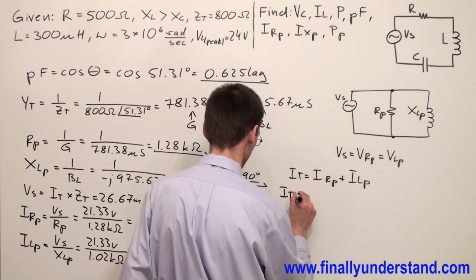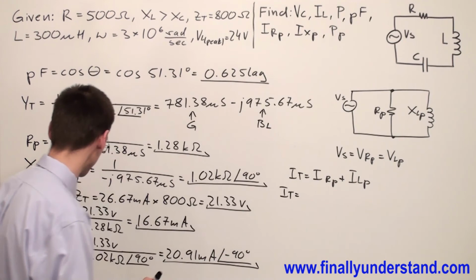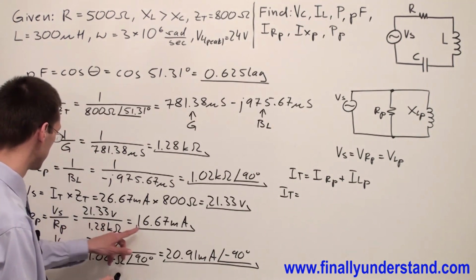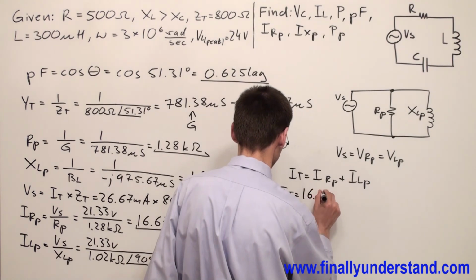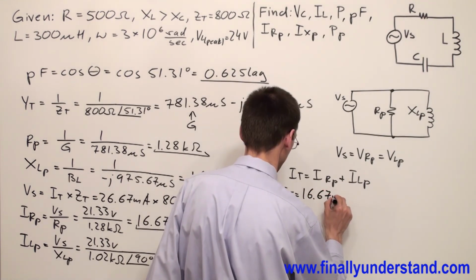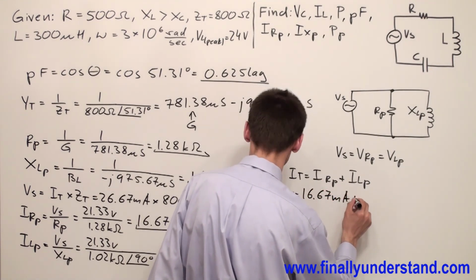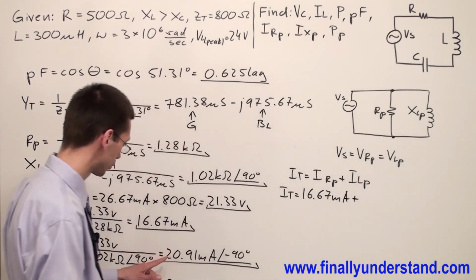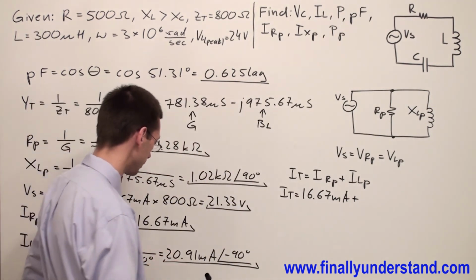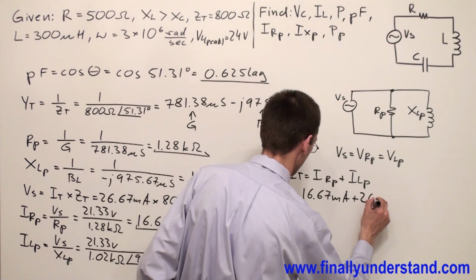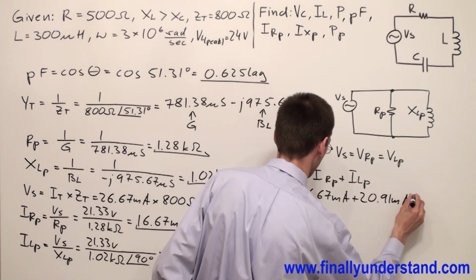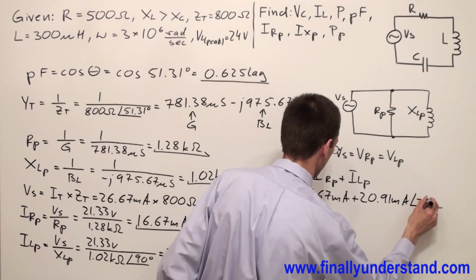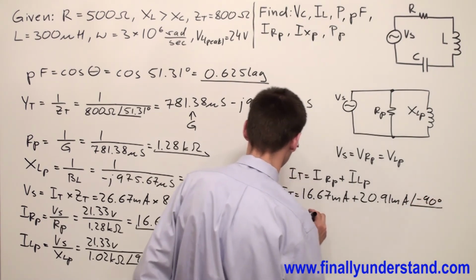So I have I total equals I_R we found is equal 16.67 milliamps plus 20.91 milliamps an angle of negative 90 degrees.